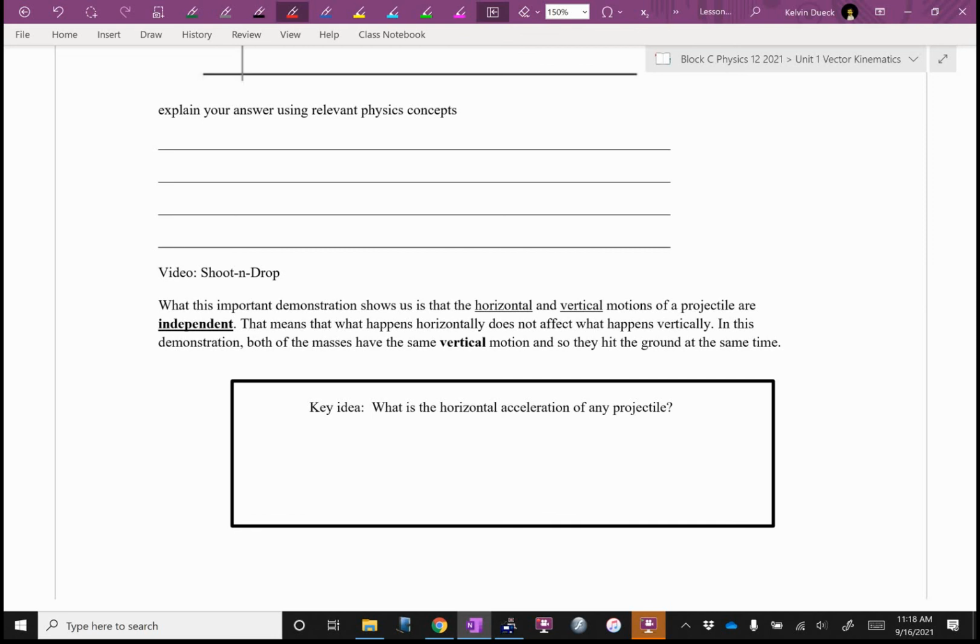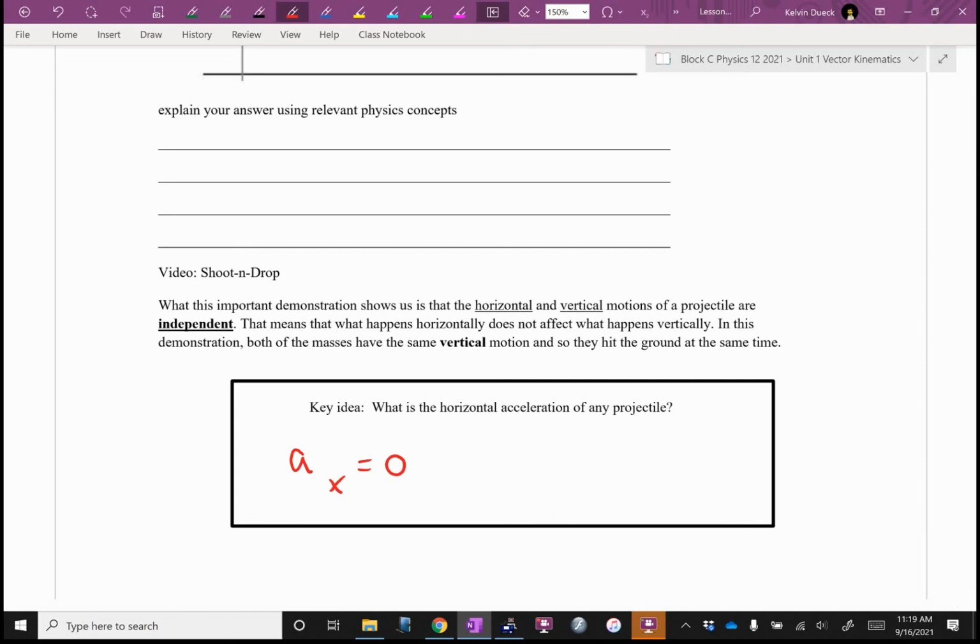The horizontal acceleration of any projectile is 0. But there's no way I'm writing out that much. I'm going to write this. That's a bad A. AX equals 0. In fact, we're going to call that one of our physics no-brainers.